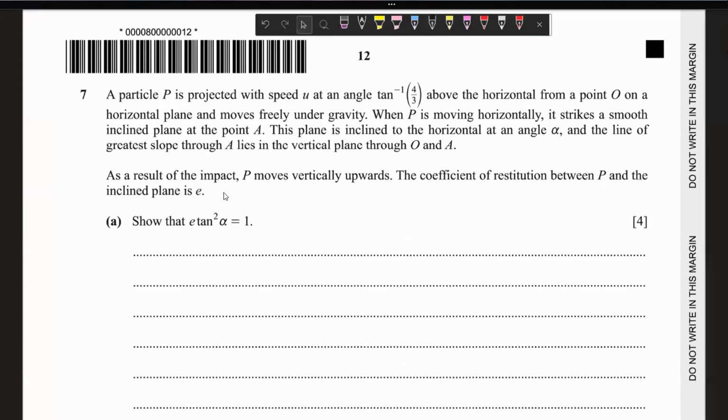Question number 7, and it says, a particle P is projected with a speed u at an angle arctan of 4/3 above the horizontal from a point O on a horizontal plane and moves freely under gravity.